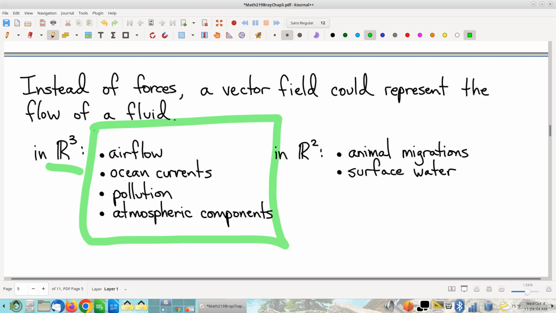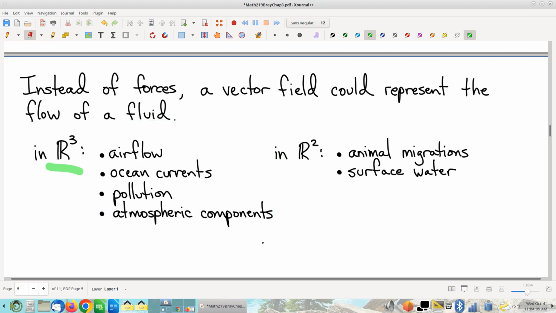Okay. So likewise, with some other examples here, you can talk about ocean currents. In any given location, and its corresponding velocity of the water. So, same deal. You can talk about how pollution flows around, right? And that might not be the same as the velocity of the air itself, right?